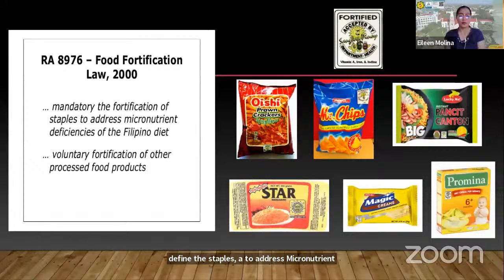Manufacturers are required to do mandatory fortification of the staples, like rice, and also salt, which has to be iodized salt. For manufacturers who are processing food products, there is a voluntary certification that is also recommended to them. That is just an initiative of the government to address micronutrient deficiencies in the Philippines.